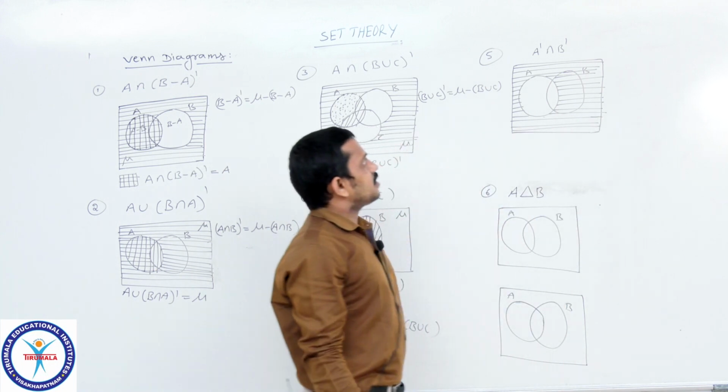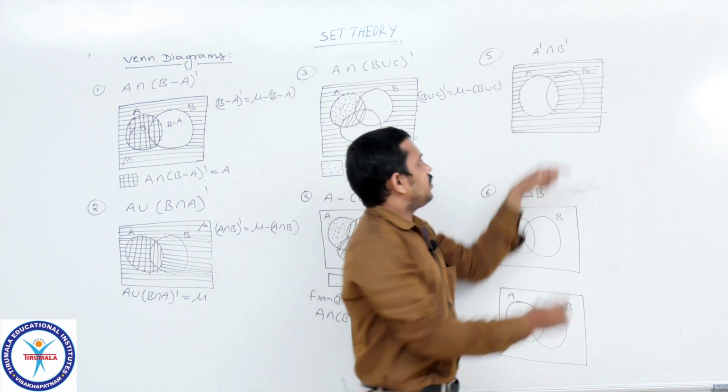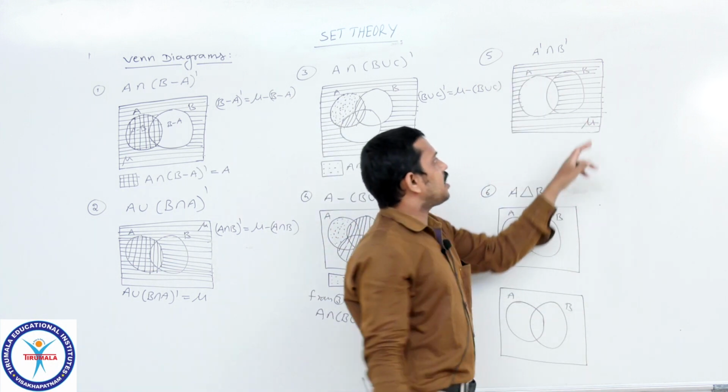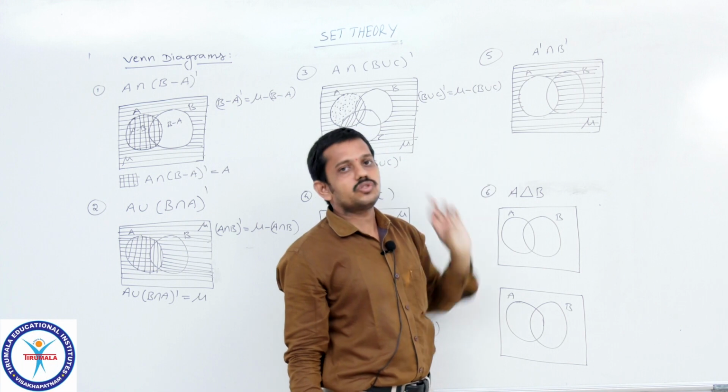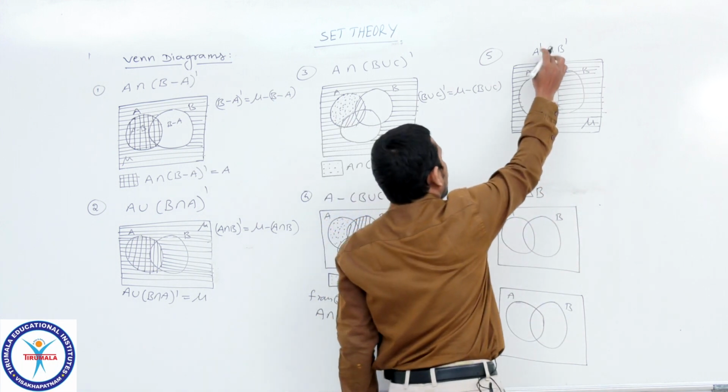So, this is the region A complement, the region belonging to the universal set which does not belong to set A. And what is B complement?